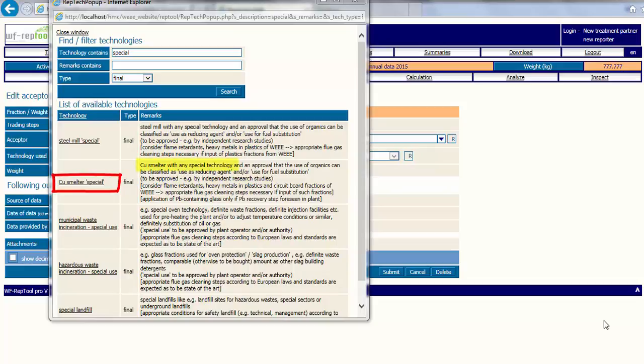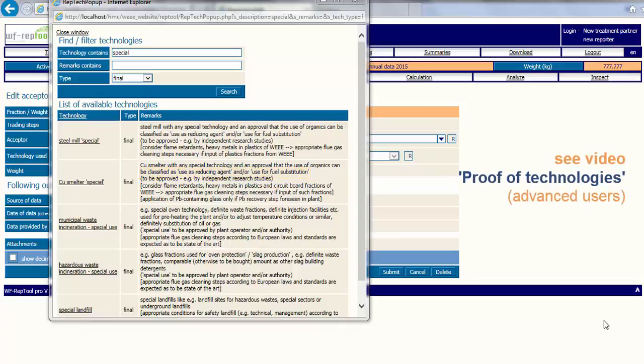See the remarks. A copper smelter with any special technology to use the organic shares of the input material. See the text. And an approval that the use of organics can be classified as use as reducing agent and or use for fuel substitution. See a special video proof of technologies under the videos for advanced users.